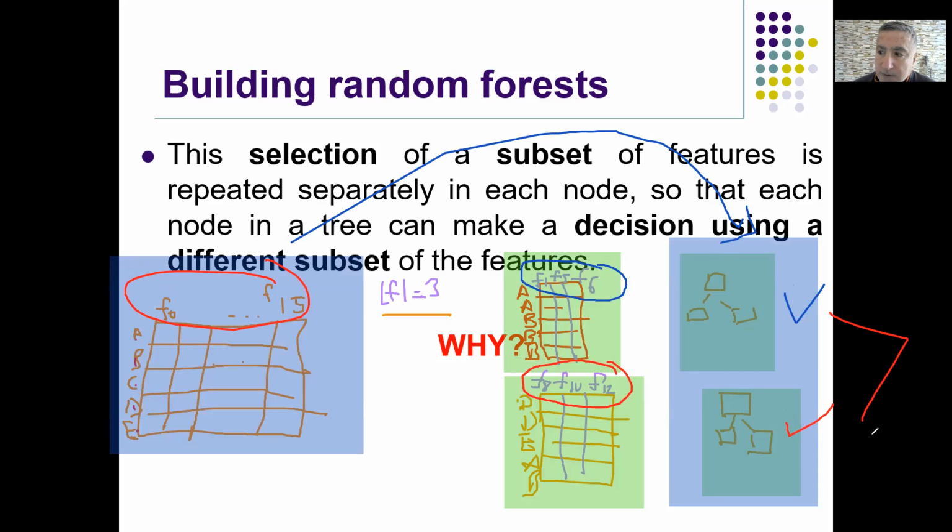Also, sir, can I ask a question? Yes. Is there a number or percentage for choosing the F? Yes. Like we have 10 features, three of them should be F or something. For classification, we are gonna use the square root of the total features.